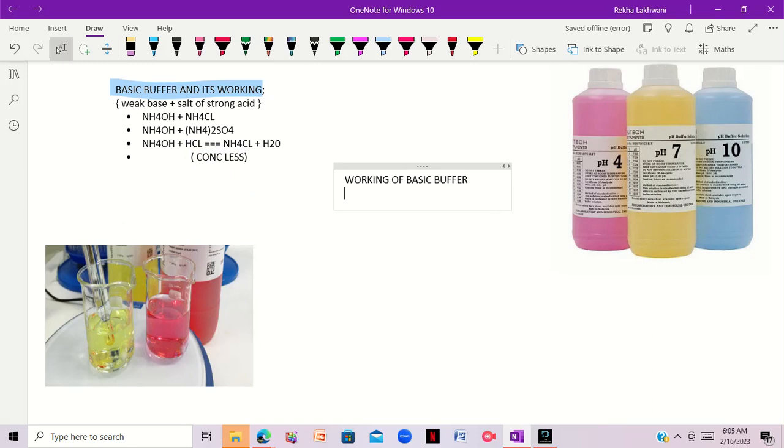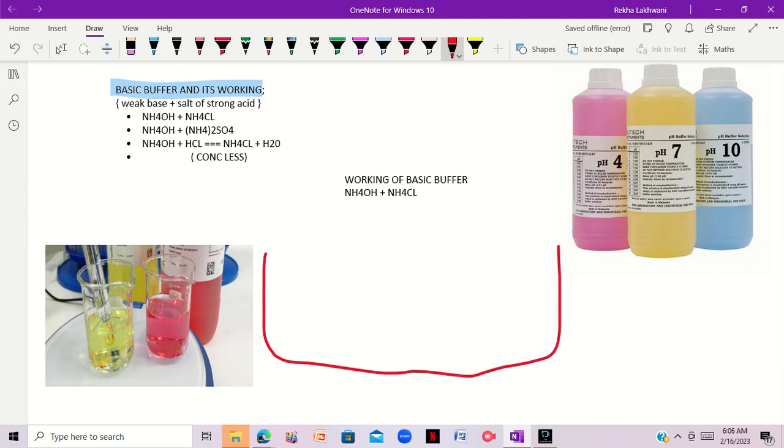Let's take a container over here. This is a container, and let's add the ammonium hydroxide into it.